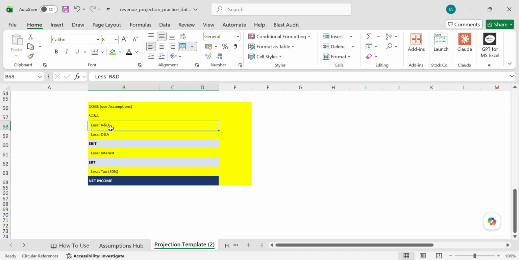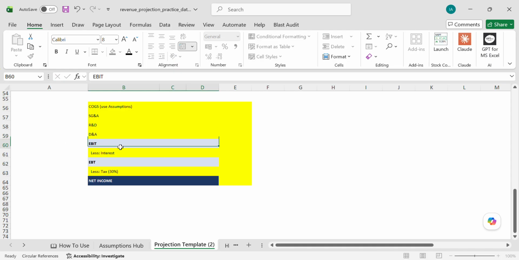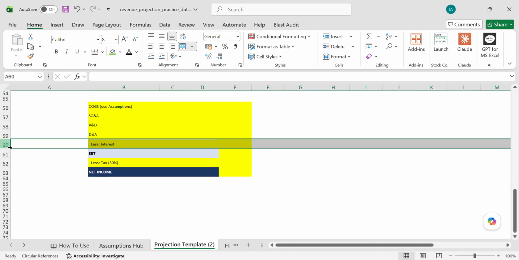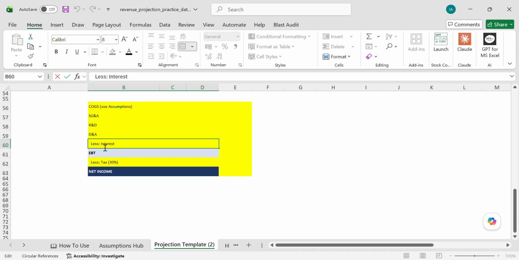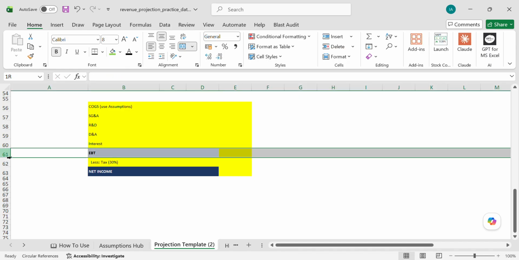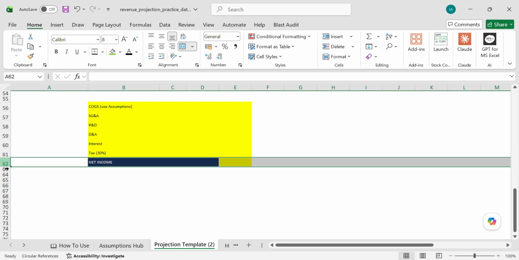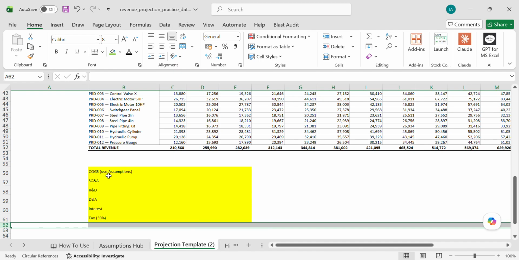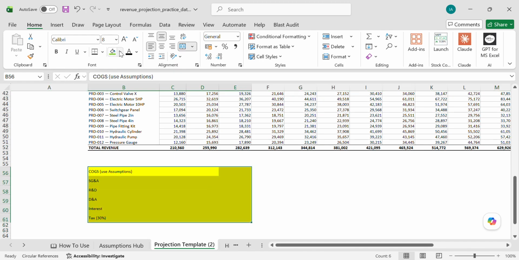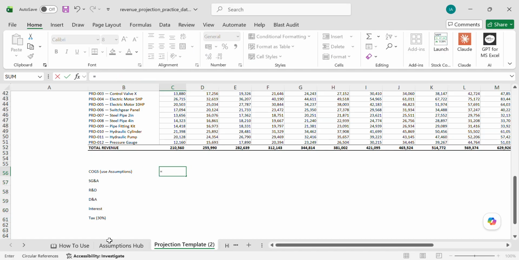This is an incremental budget we are doing, right? We've already justified all this already. So we are saying this is as a percentage of our revenue. Let's go to assumption.